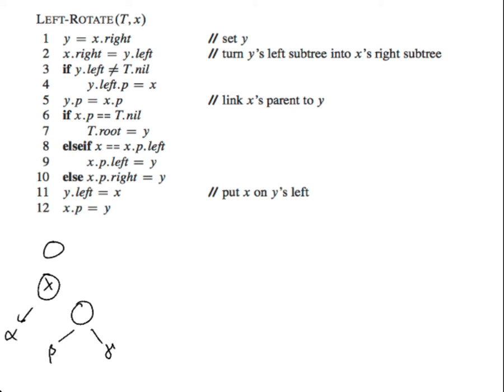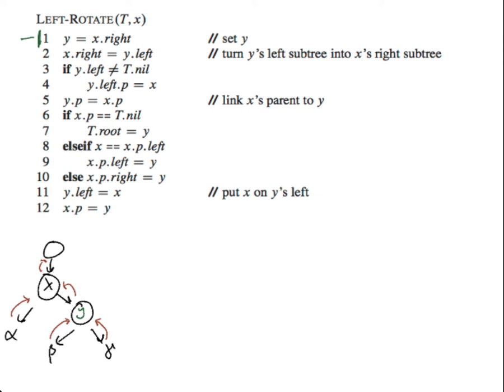And we have the child pointers, and we have the parent pointers. Line 1, we're going to set a variable y. So that's line 1, and we'll set y to be the right child of x.